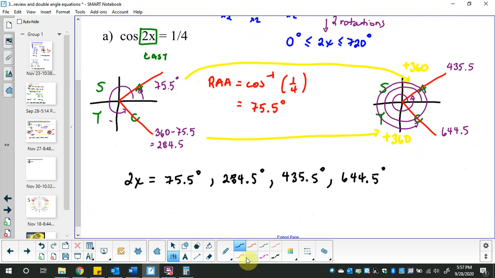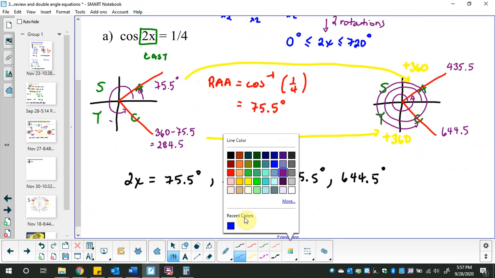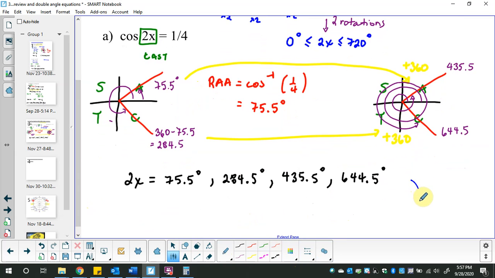that means to get from this line right here that I've got to my final answer, I have to divide by the number in front of x, which in this case is a 2. So I have to take every single one of these answers and divide them by 2. And I'm going to answer to 1 decimal place each time. I have my cell phone here, so I'm not going to show you the actual dividing by 2.